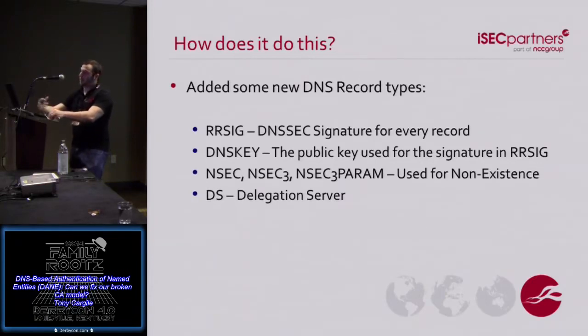How are we going to be doing this hashing? Well, you're going to use a public-private key pair. The public key is going to be stored in DNSKEY, and also on your parent zone, on your delegation server. I'll go over that in a few minutes. It also adds a few new record types for denial of existence: NSEC, NSEC3, and NSEC3PARAM. I'll go over that in a few minutes as well.